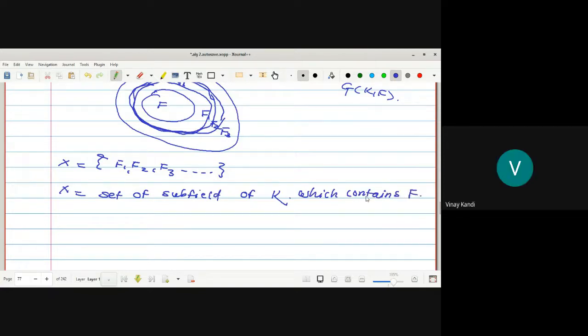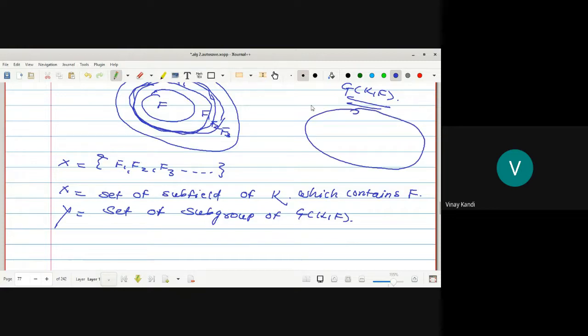GKF is a group, right? So Y is the set of subgroups of GKF. Suppose this is GKF, and this is a set H which contains sigma 1, sigma 2, sigma 3 and so on. We don't know how many elements there are.